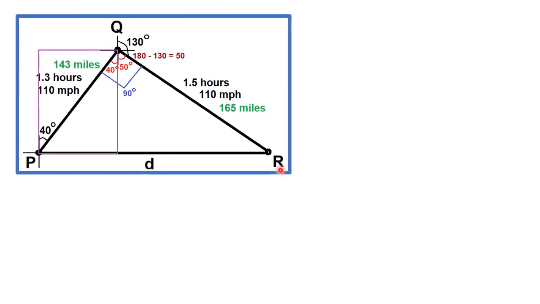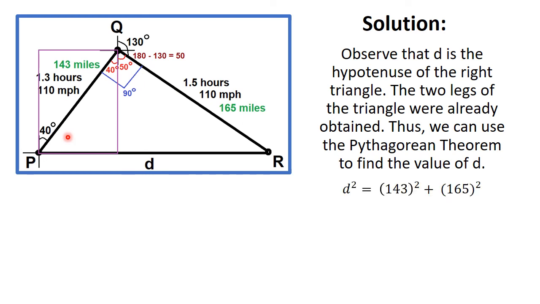So, we now have the values of the legs of the right triangle: 143 miles and 165 miles. Observe that D is the hypotenuse of the right triangle. And the two legs of the triangle were already obtained. Thus, we can use the Pythagorean theorem to find the value of D. By substitution, D squared is equal to the square of 143 plus the square of 165.